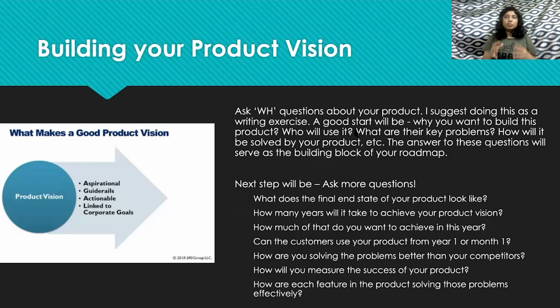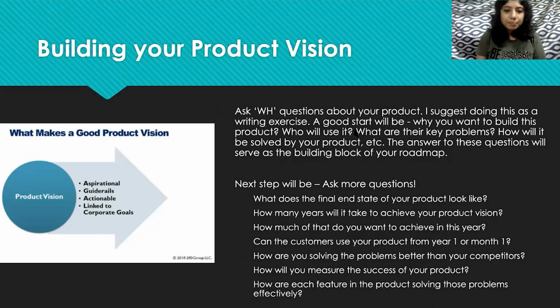Once you have that understanding very well, you can start out by asking WH questions. That's a simple framework that I follow. When you ask WH questions, it will start giving you a direction as to where you should be headed.